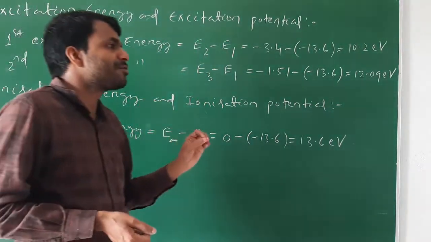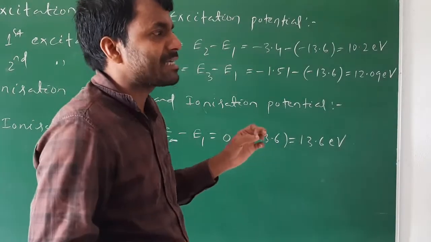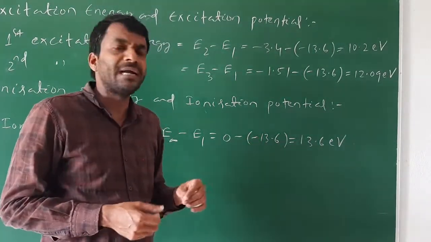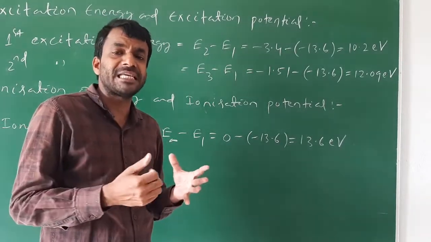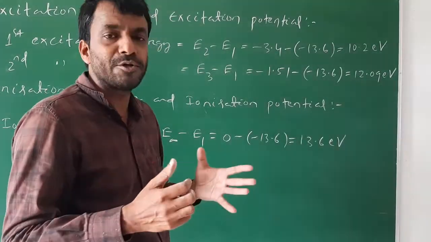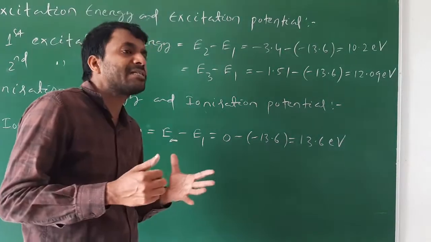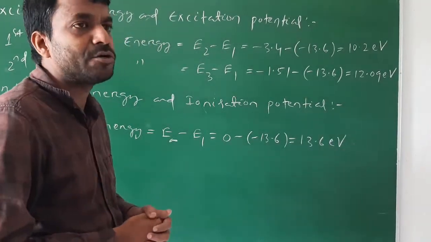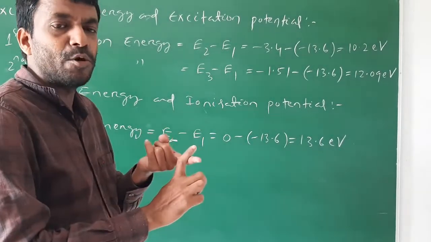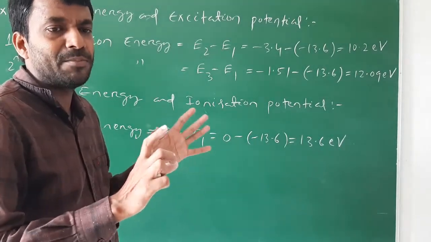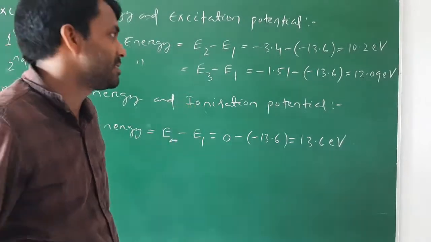Means if the question is calculate the first excitation energy and first excitation potential, then first excitation energy is equal to 10.2 electron volt and first excitation potential is equal to 10.2 volt. When electron volt, that is energy. When simple volt, that is excitation potential.